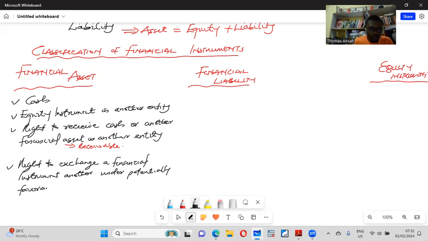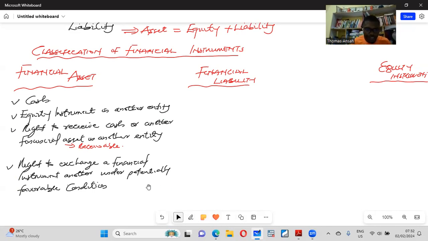Like you are taking something small for something big. So if you can exchange one financial instrument for another where you will benefit, it is also deemed a financial asset. Under favorable or potentially favorable conditions, because economic benefit has flowed to you.